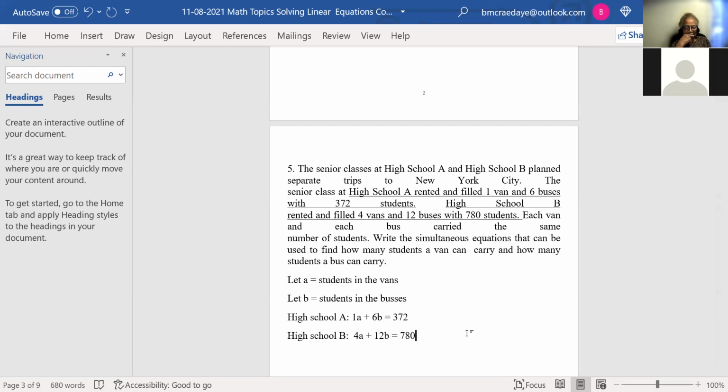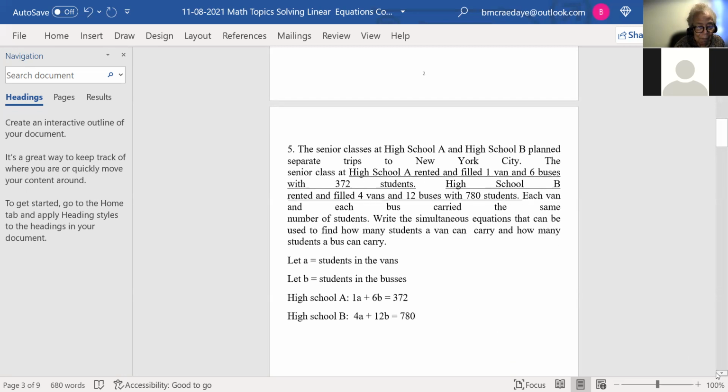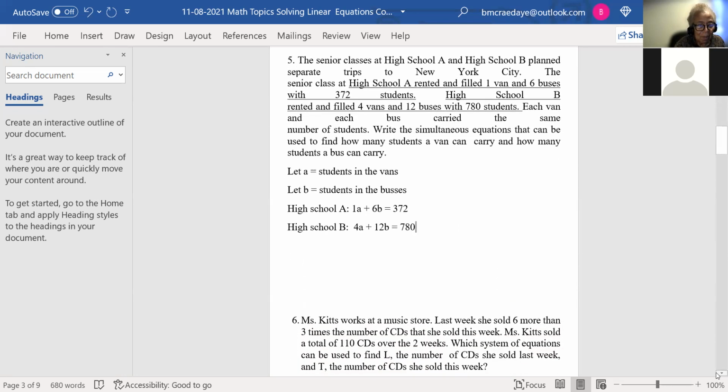Now, Maureen, how would you solve this? How would you find how many students are in each van, how many students a van can carry and how many students a bus can carry? What I was going to do was add up the 780 and the 372.